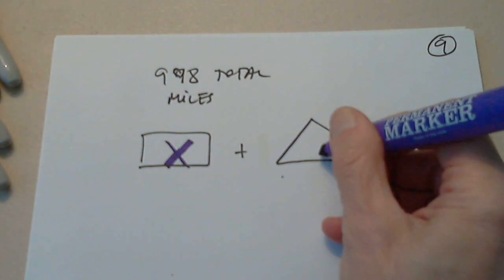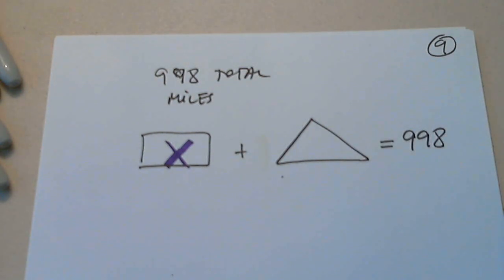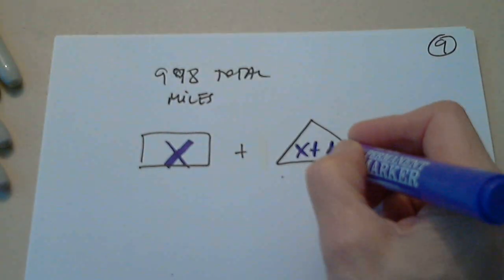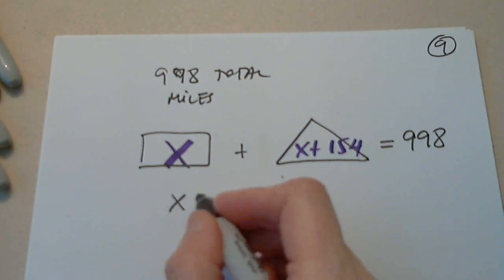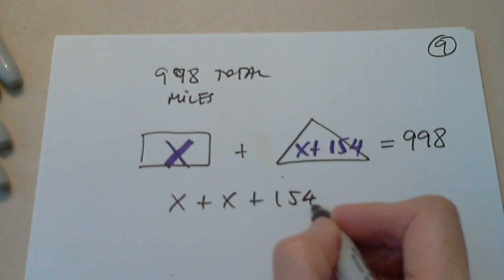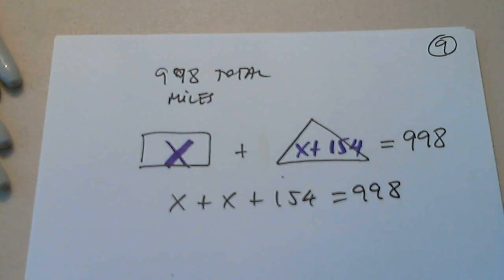So what will I have to write inside here? X plus 154. Exactly. So now I have the equation: X plus X plus 154 equals 998.